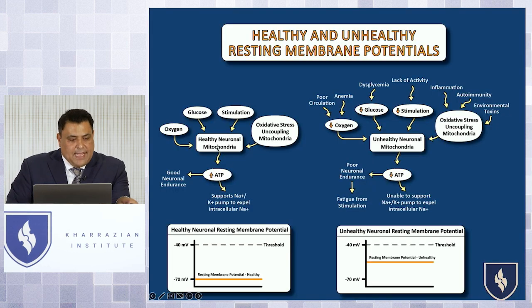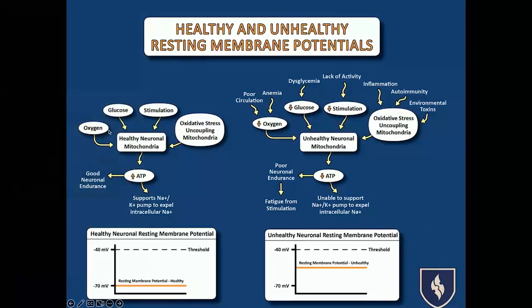So remember that as a person gets oxygen, glucose, stimulation, and has the ability to dampen oxidative stress and inflammation, they have healthy mitochondria that make ATP. That helps their neuron endurance and also keeps their neurons far away from threshold. When the mitochondria become impaired from deprivation of the key things they need, like glucose, oxygen, stimulation, or from too much inflammation, they have less ATP, so they have very poor endurance, and they need trivial amounts of input to get to threshold.